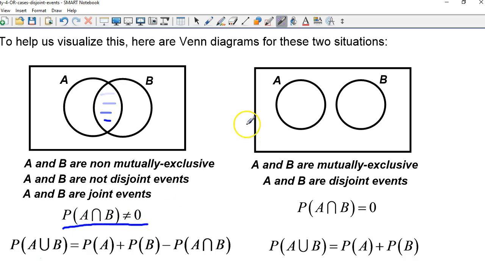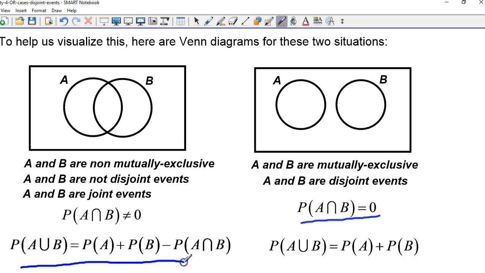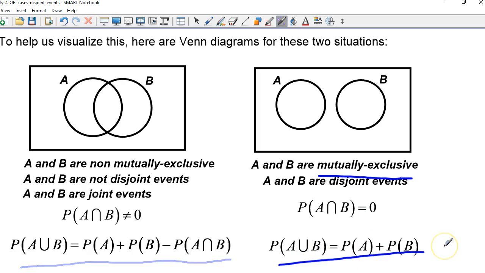Right? If we have events that don't have overlap, then that means A and B are called mutually exclusive events, or we could say they are disjoint events. And that means the probability of A and B is 0. And so the two versions of the OR formula, right, we have the probability of A or B in general is A plus B minus the overlap, but in the mutually exclusive case, it simplifies to just A plus B because there's nothing to subtract.